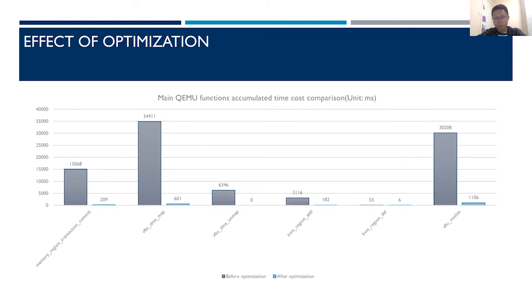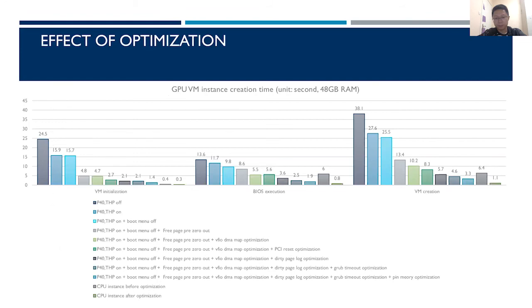As you see, the time is reduced greatly after optimization. This page shows the GPU virtual machine instance creation time when different optimization methods are used. Compared with a CPU virtual machine instance, it takes a little longer.